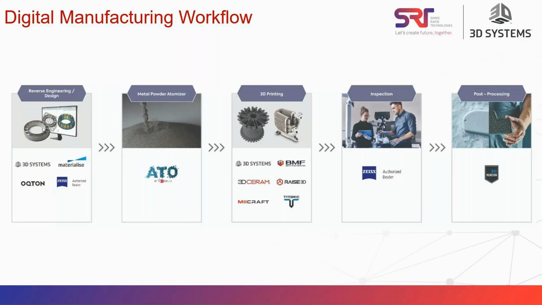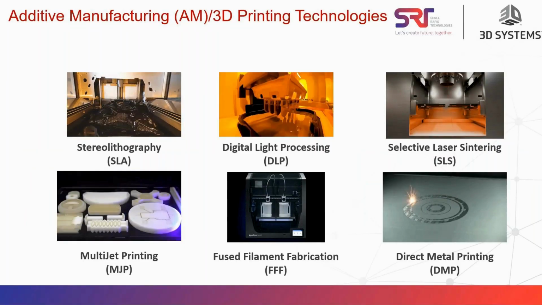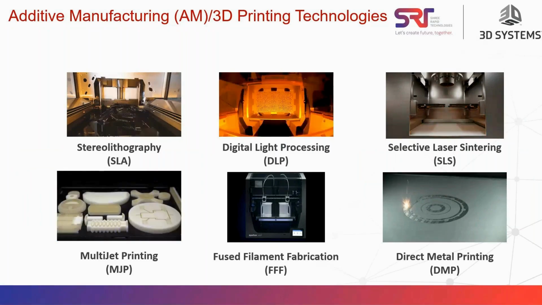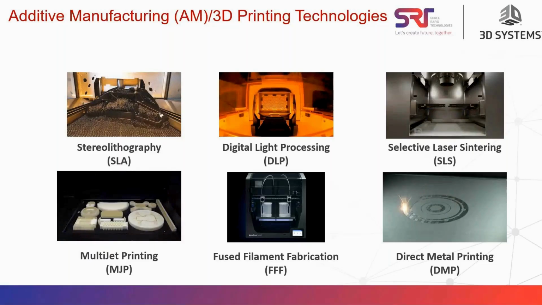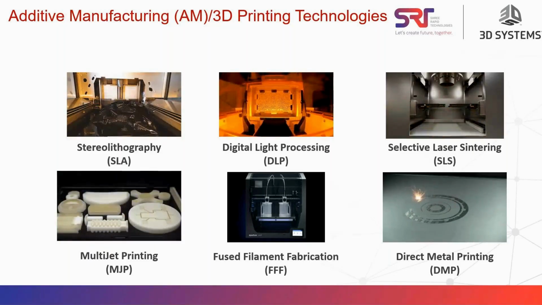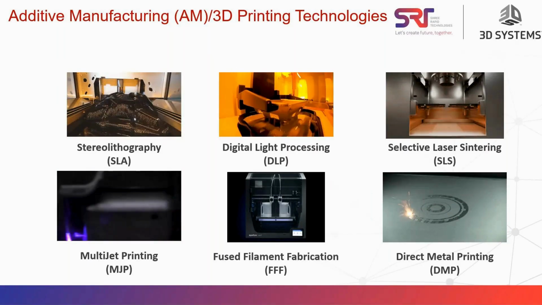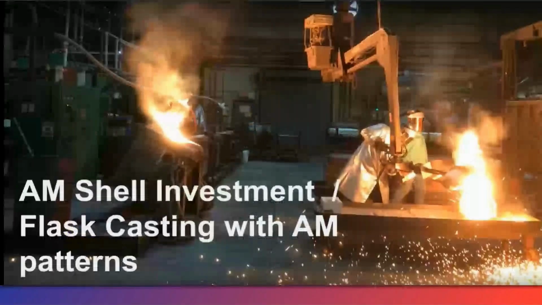For post processing, we are tied with Dimensions. So at SRT, we have all the solutions in 3D printing from desktop to production grade: SLA technology, DLP technology, SLS technology, multi-jet printing, fused filament fabrication, and direct metal printing.